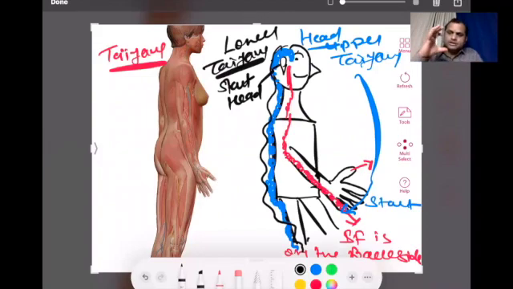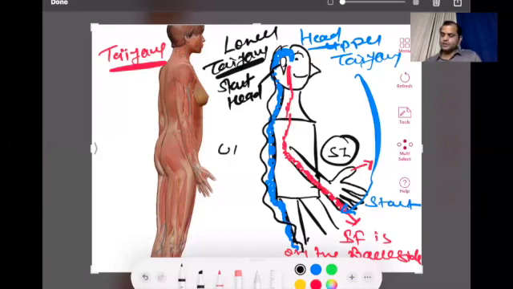So the head is the junction of upper and lower Tai Yang. Upper Tai Yang is also called the small intestine meridian, lower Tai Yang is also called the urinary bladder meridian. So the small intestine meridian starts from the small finger and ends on the face. And the urinary bladder meridian starts on the face, supplies the whole back part of the human body, and ends on the legs.